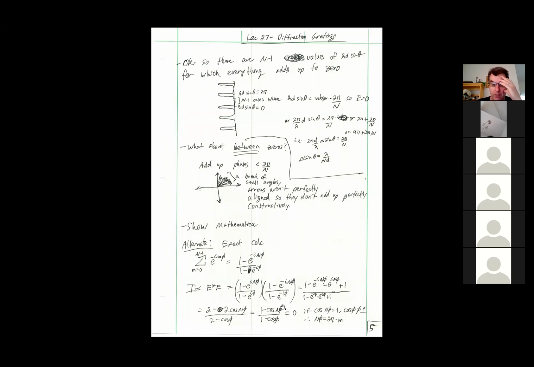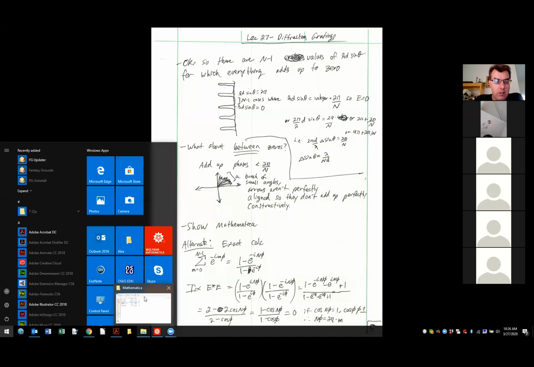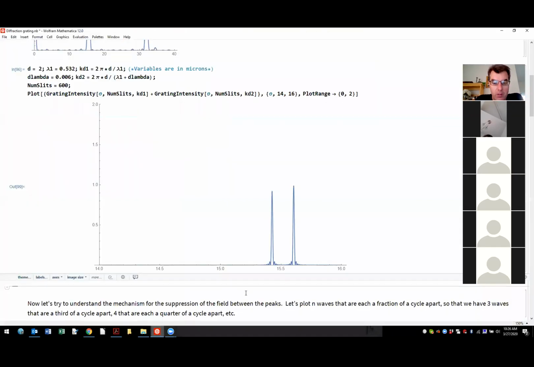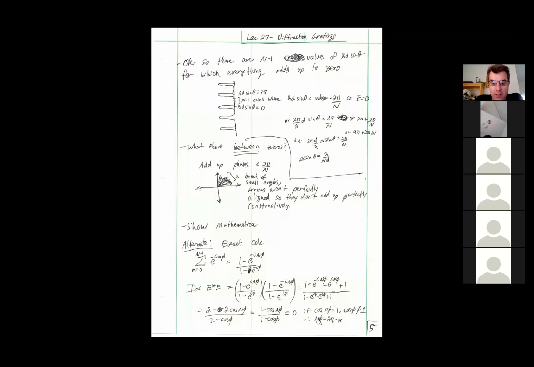But if cosine of n phi is 1, the numerator is going to be 0. And so this is why whenever phi is 2 pi times an integer over n, you get zeros in the pattern. You get zeros in the little ripples there. You see all those little ripples there? Those little ripples come whenever n times phi is 2 pi times m.